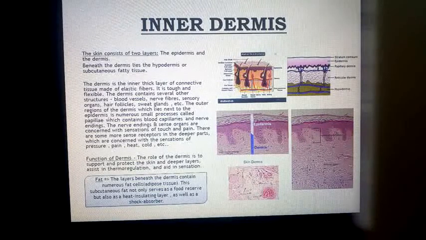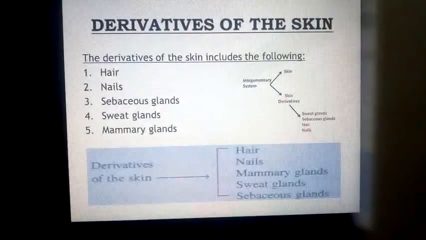This subcutaneous fat not only serves as a food reserve but also acts as a heat insulating, that is thermoregulating, layer, as well as a shock absorber. If there is no fat layer underneath the skin, whatever you touch, you will have severe pain, children. That friction will be more. It is acting like a cushion.